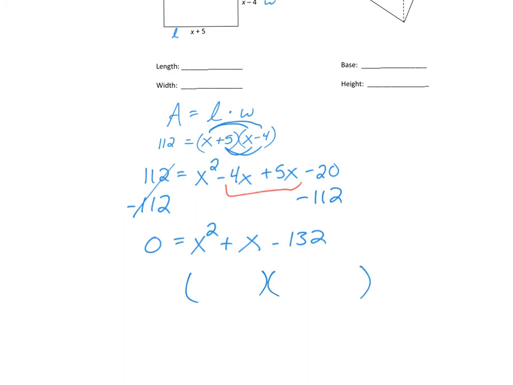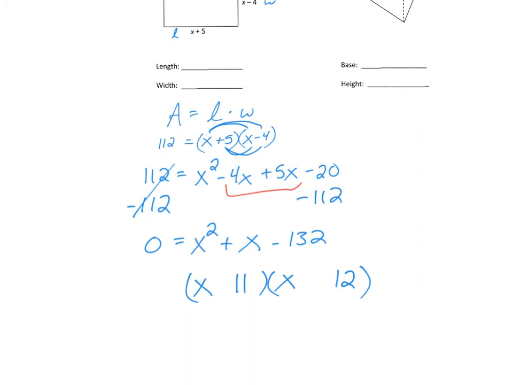What multiplies to x squared? X and x. What multiplies to 132? To save time, these are kind of big numbers, it's 11 and 12. 11 times 12 is 132.